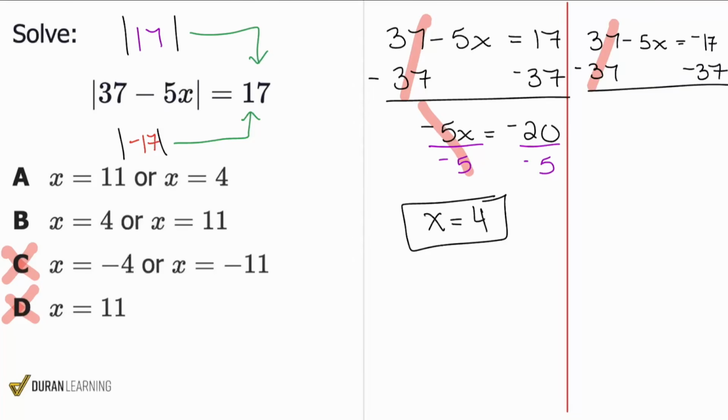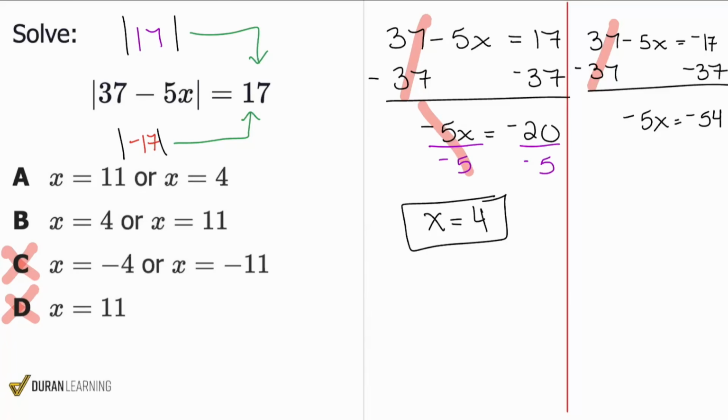It cancels on the left, leaving us with negative 5x equals negative 17 minus 37, and that will end up giving us negative 54.